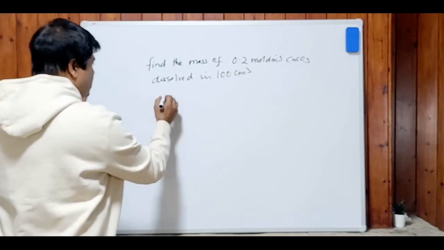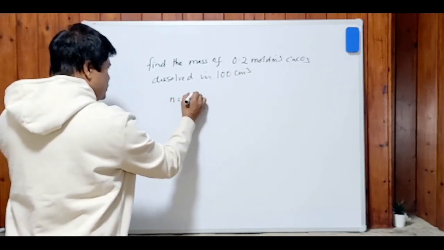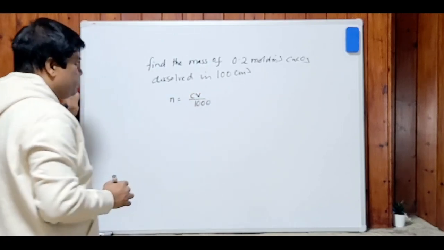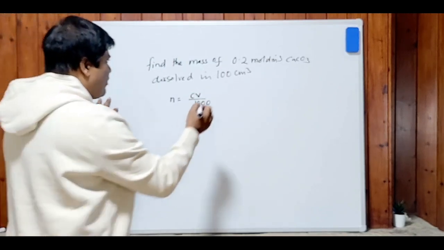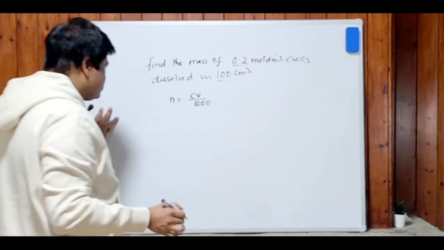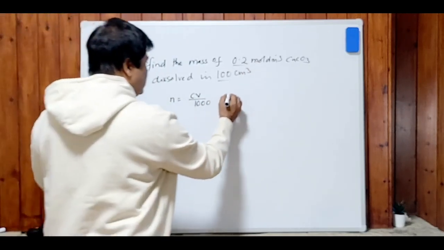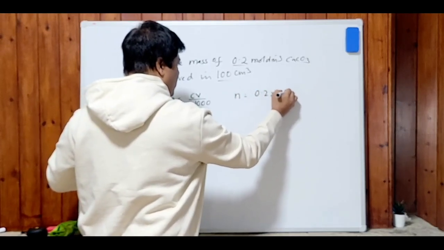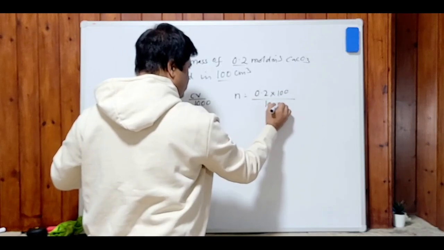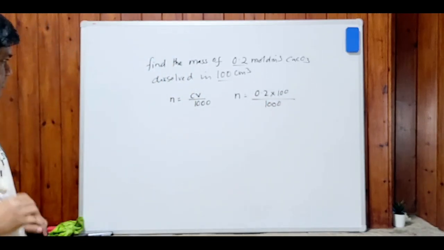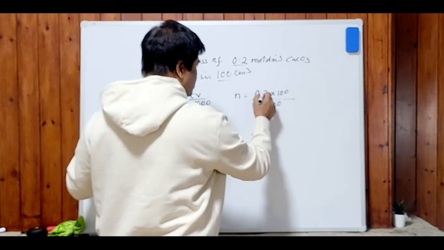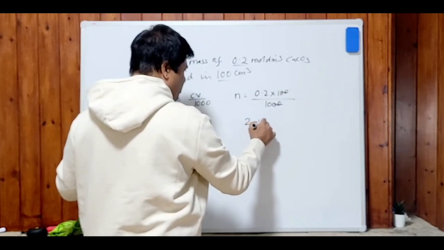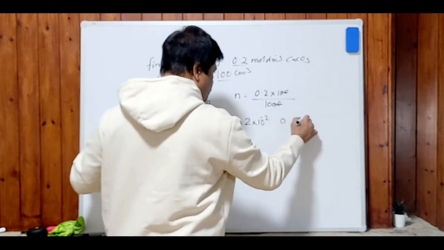Okay, n equals to C times V over 1000 to work out the mole, because I have conc and volume. n equals to 0.2 times 100 divided by 1000, which will give me moles. So cancel. 2 into 10 to the power of minus 2, or 0.02.